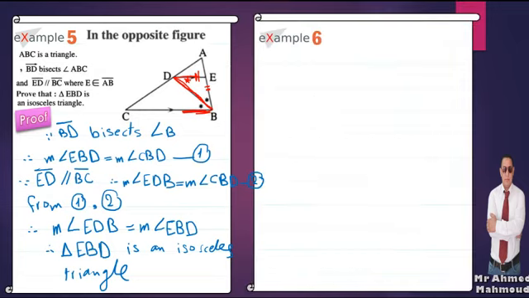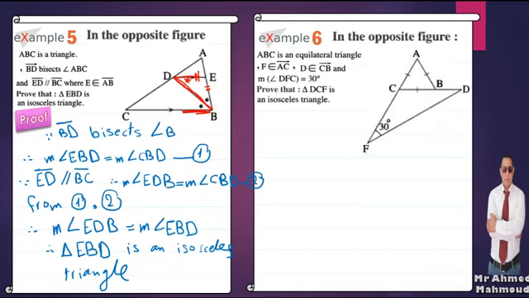Next one, example 6. Here we have ABC, an equilateral triangle, as we see here. F belongs to AC, and D belongs to BC. That means this AF is a straight angle and CD is a straight angle. Measure of angle DFC equals 30. Prove that triangle DCF is an isosceles triangle.